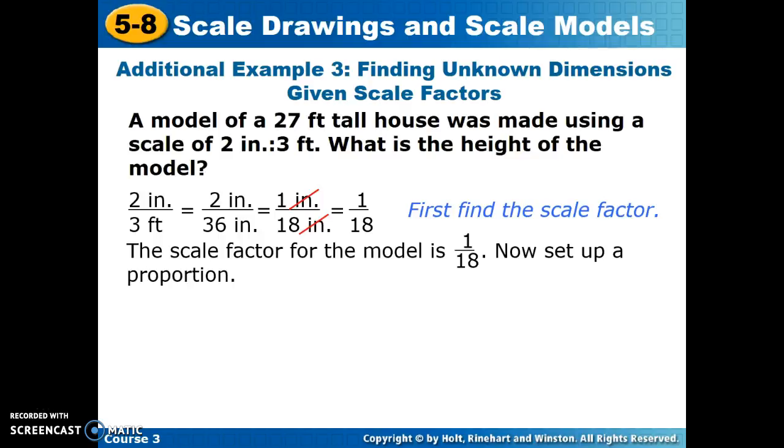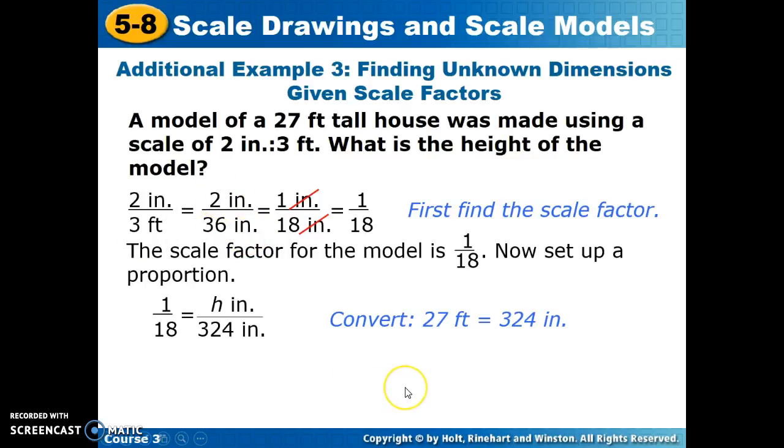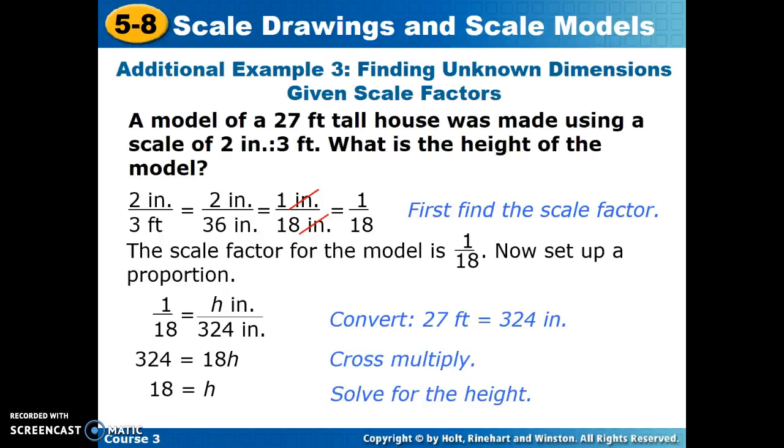You could have kept it just like you saw it before, but it's just another way of looking at it. Then from there, we would compare 27 feet on the bottom to find the height of the model. That would have worked out just fine. They're just showing you a little different way. It still will give you the same answer of 18 inches for the model.